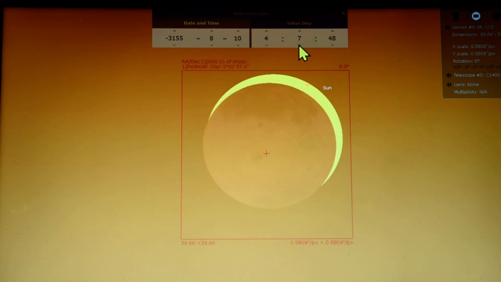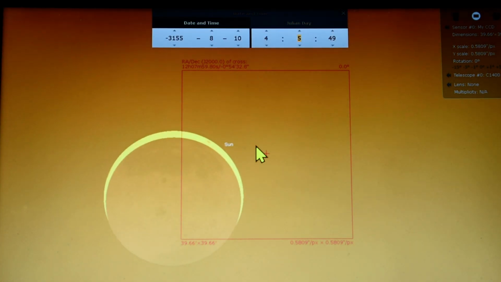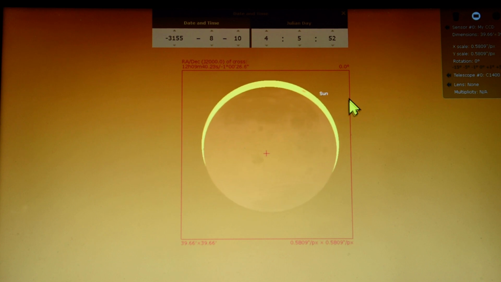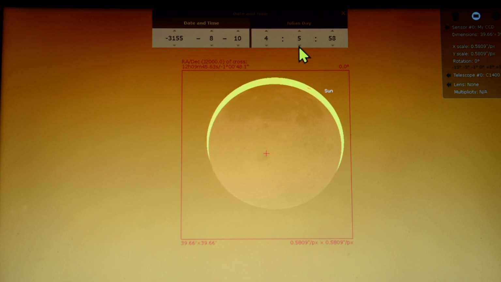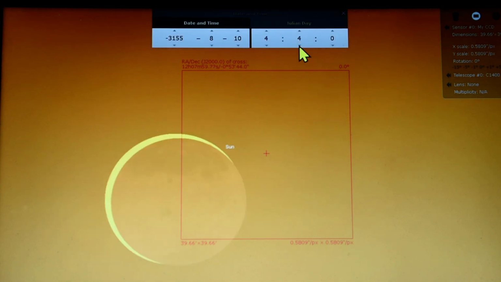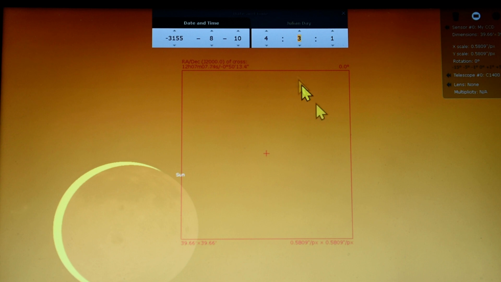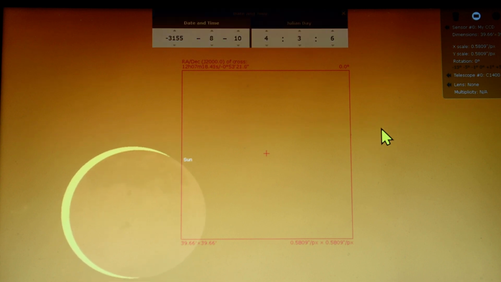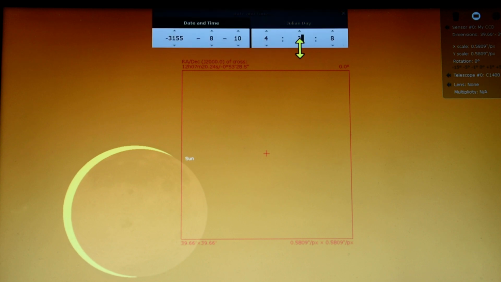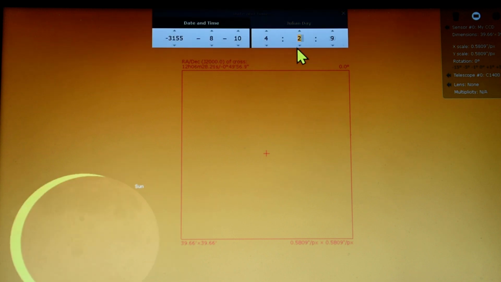So let's go back here again. This is about 4:06 a.m., and that's 4:03 a.m. So we're looking at about 3 or 4 minutes.